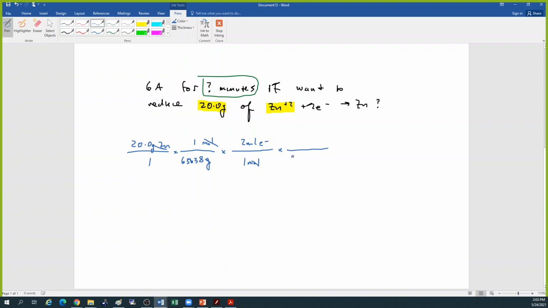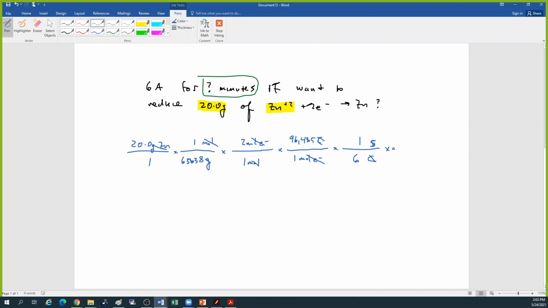Well, from this stage, we know that every mole of electrons carries 96,485 coulombs of charge. So at this point, we would have calculated the total charge transferred. It's a little sloppy, sorry. Now at that point, we could figure out that every second we're delivering 6 coulombs of charge because that's the amperage. So that's where the current comes into play.